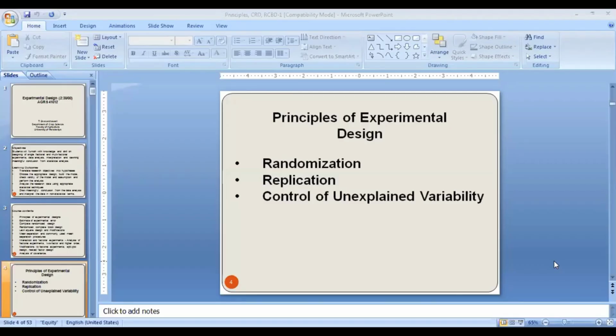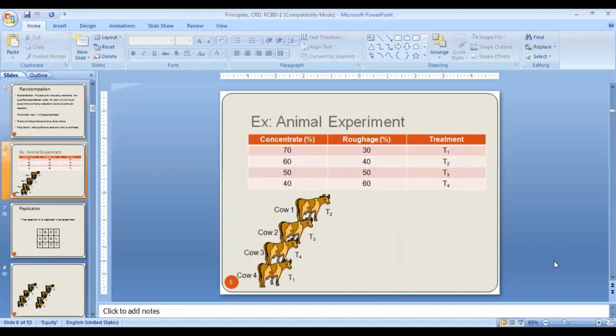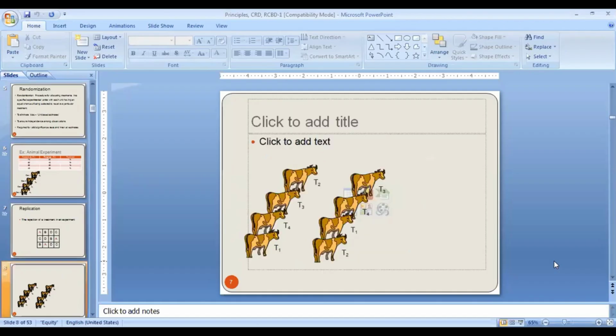Right. So basically, randomization, we already said. More important keywords are experimental units, right? We explain all these, how the treatment will be allocated for each experimental unit on a random basis, which is called randomization. Then replication, you repeat the same treatment more than once, which is called replication.